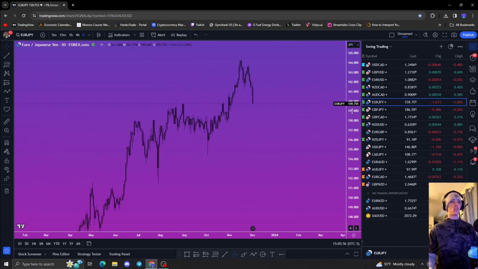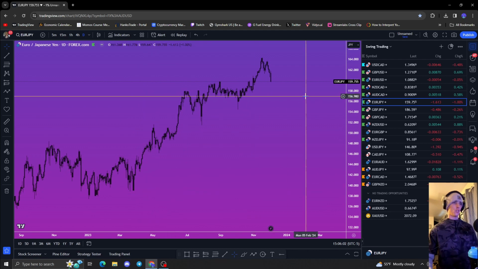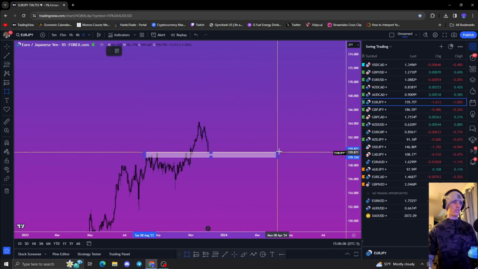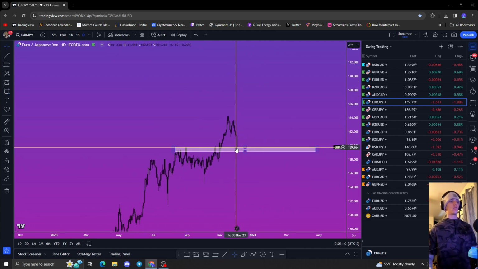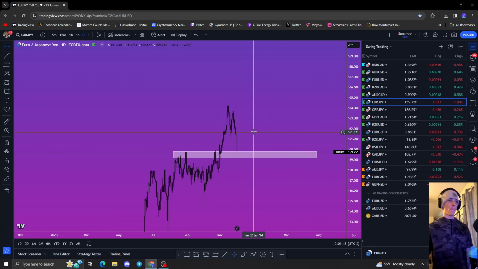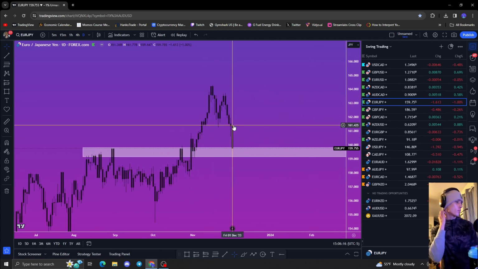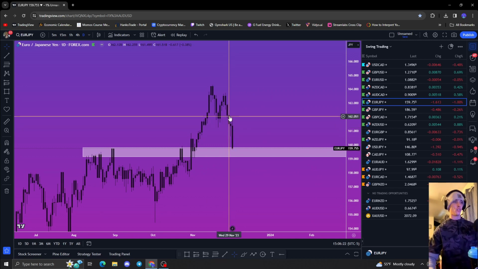Euro JPY on the daily chart. This actually looks really good. We are heavily trending upwards. We have a nice break of this major resistance zone here, and we're coming back down into the support zone. Now, this will be a good area for possible buys, but we do have a lot of volume coming into the zone here.